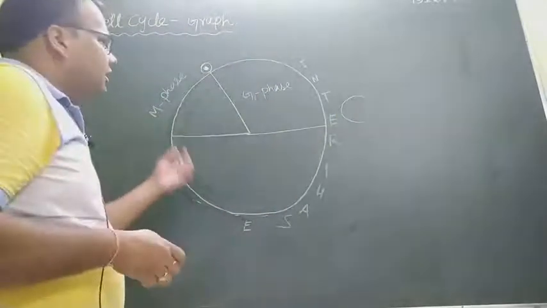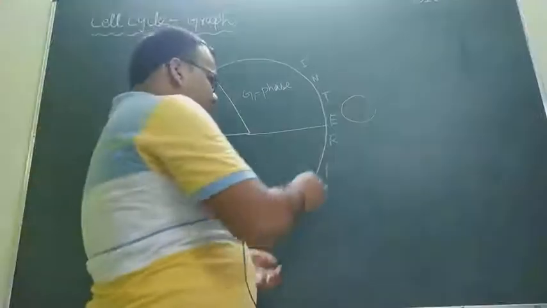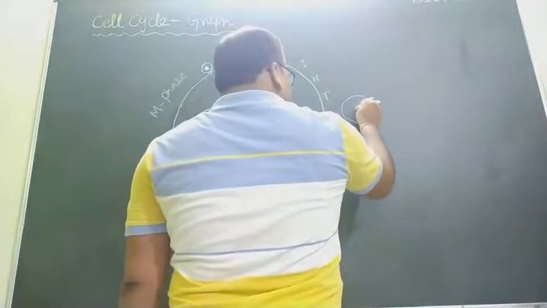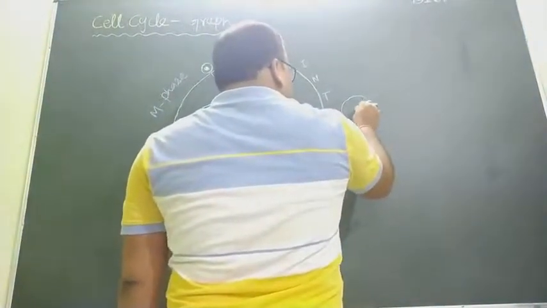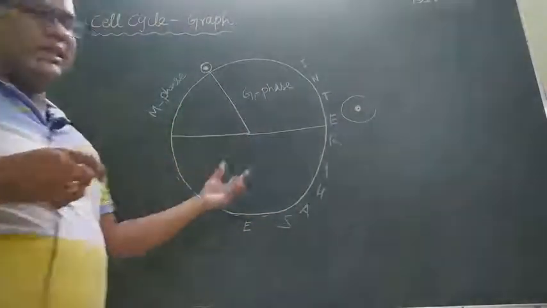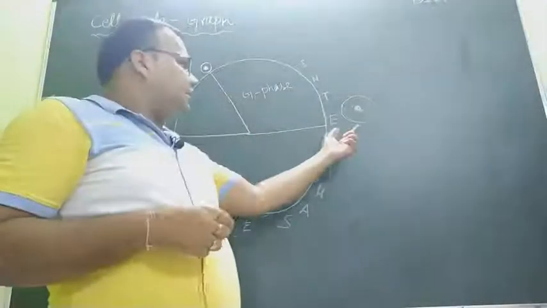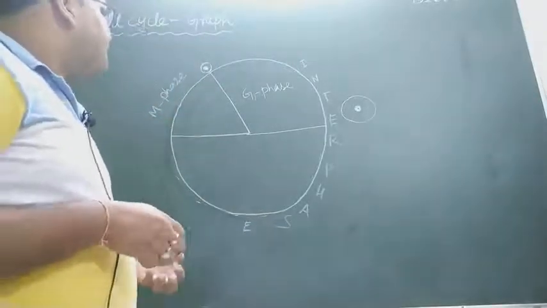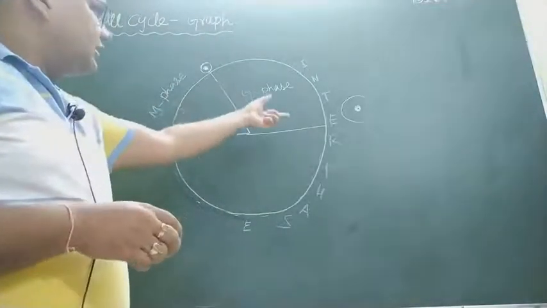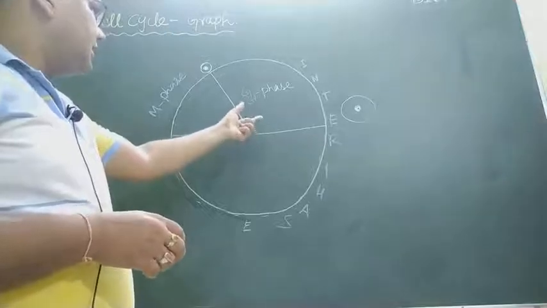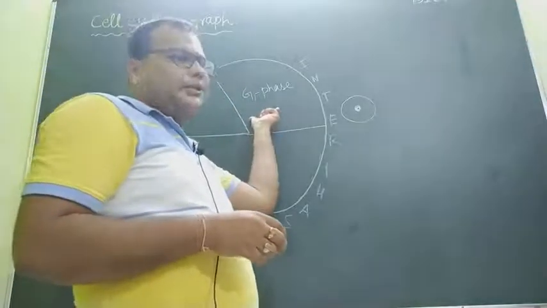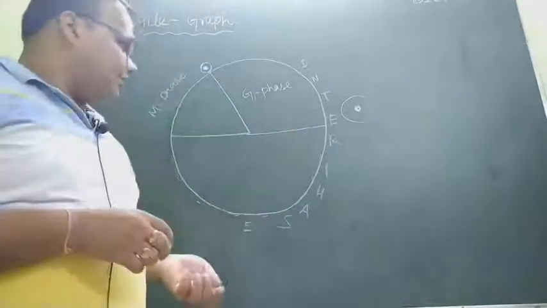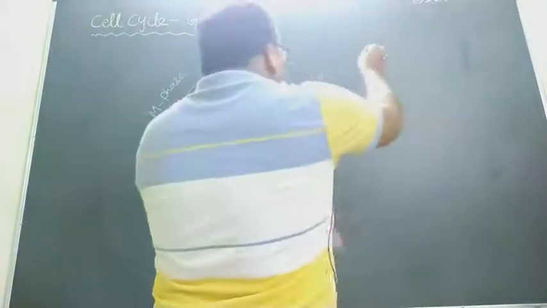It is the maximum size of the cell which has been increased. After completion of the cell cycle, the size of the cell increases, and all the changes which take place in this time period are the characteristic features of G1 phase. So what are the major changes which take place in G1 phase?